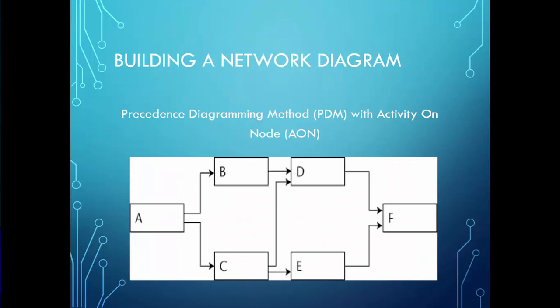Task on node gives me more information, because I will know that this activity will be done at that time, and I will know the start time, the finish time, and which task has a lag or is critical for me to finish before. This is also called the precedence diagramming method, either PDM or AON method.